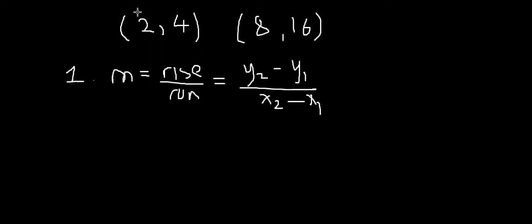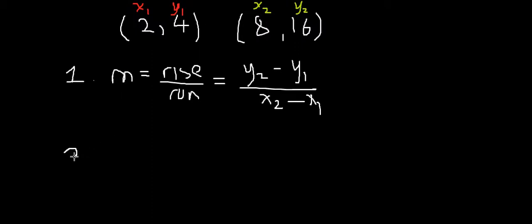We can label these points up here. So this will be our x1, this will be our y1. This will be our x2. This will be our y2. And basically we can just put all those in and we can find our gradient.